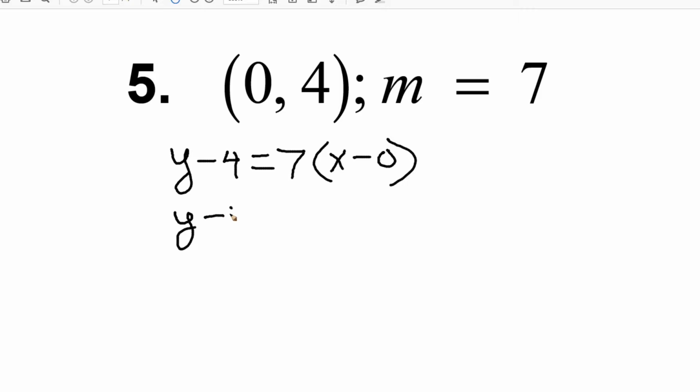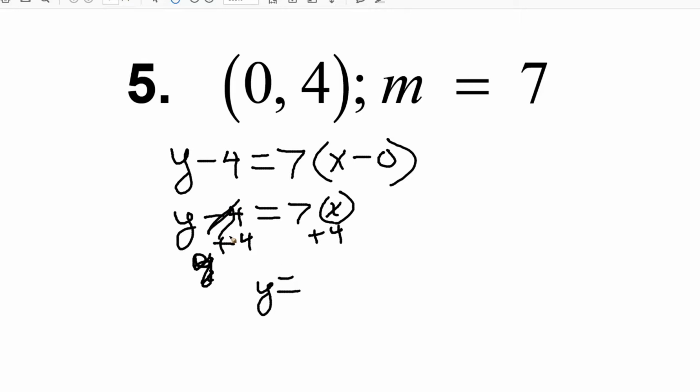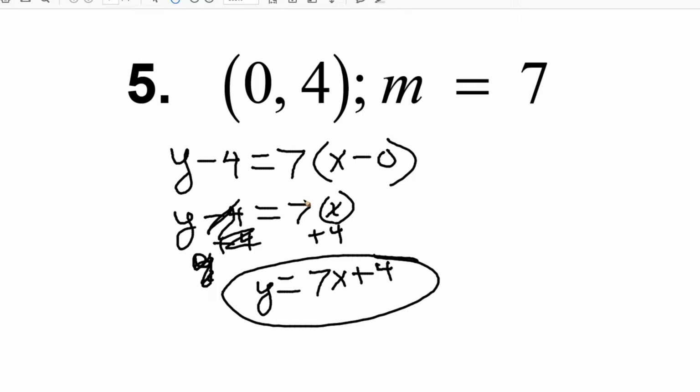Y minus 4 equals 7 times x, because x minus 0 is just x. So now we add 4 to both sides. And we're left with y equals, that goes away, giving us just 7x plus 4. Because we have the 7 times x, and then the plus 4 is going to just go right up there on the end.